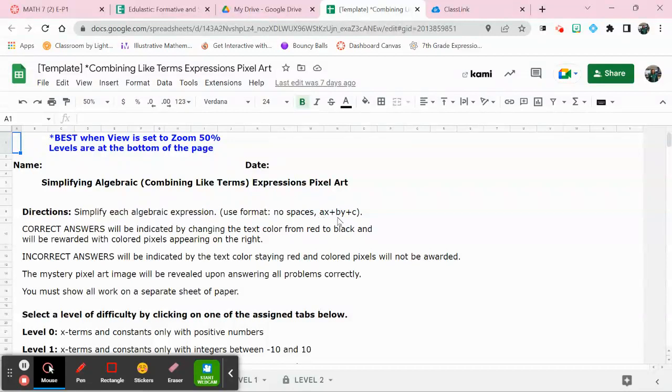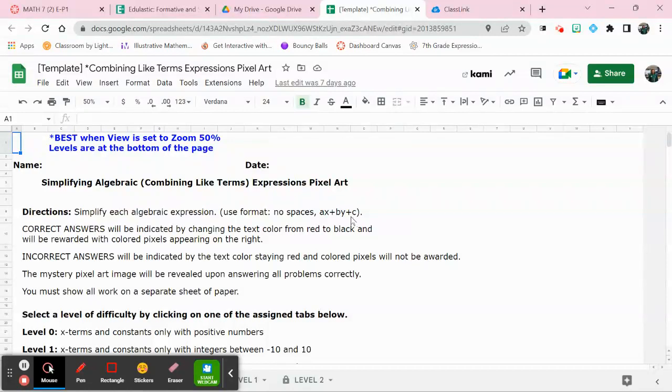A times X plus B times Y plus C. Okay, what that means is you can't put these together. X's can go with X's, Y's can go with Y's, and C's can go with C's. And a quick reminder, anytime a letter is by itself, there's always a 1 in front of it. Always a 1.